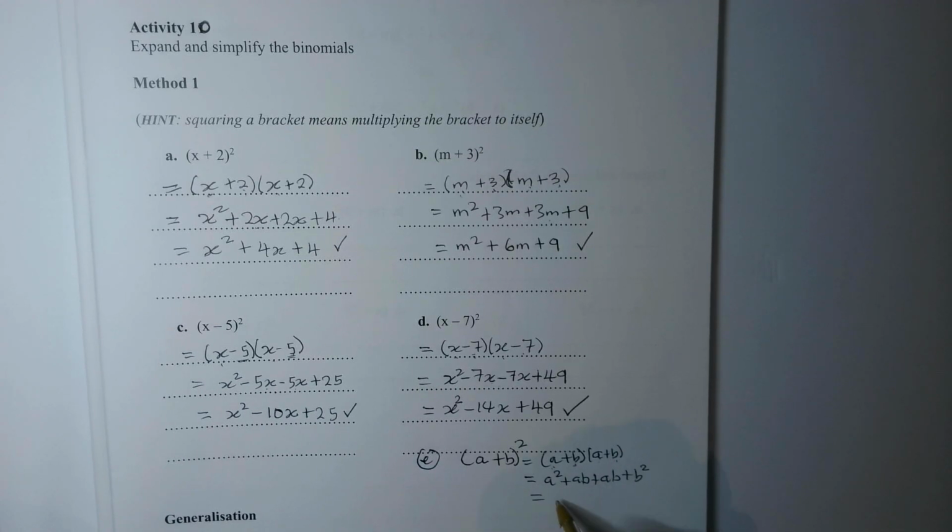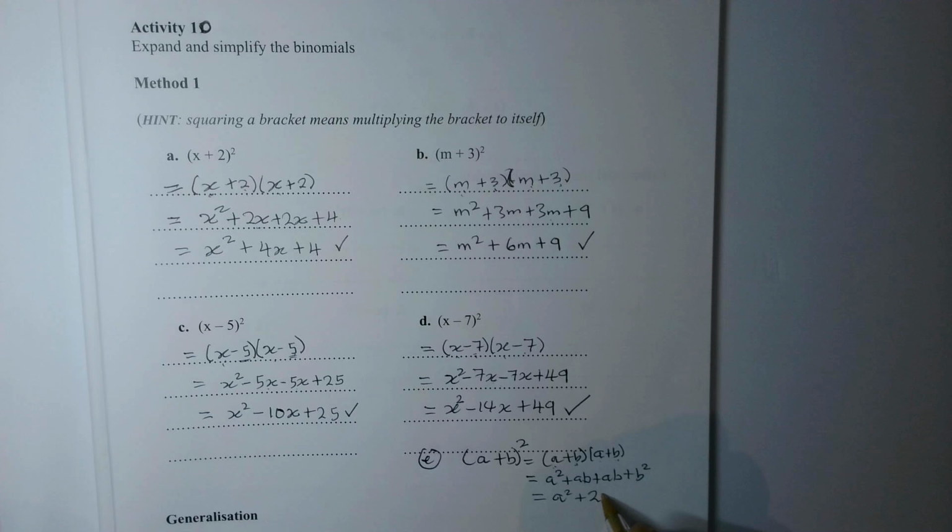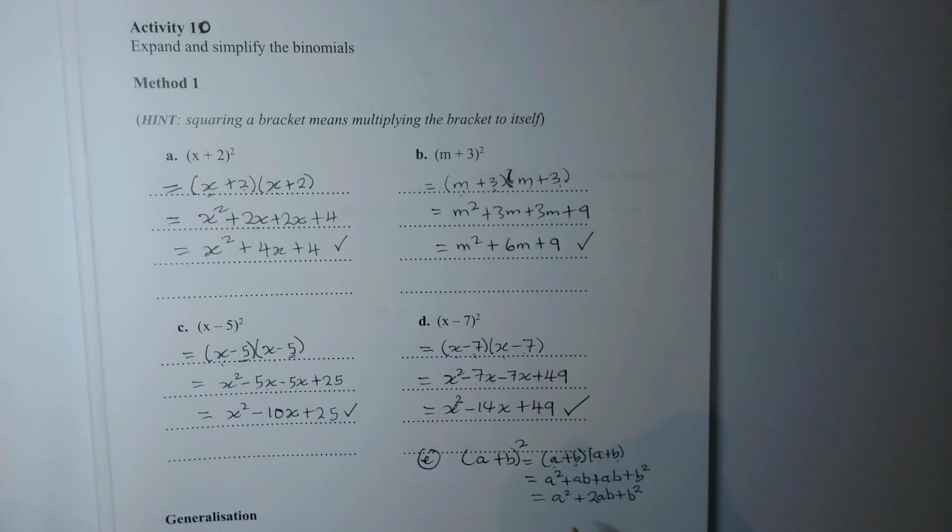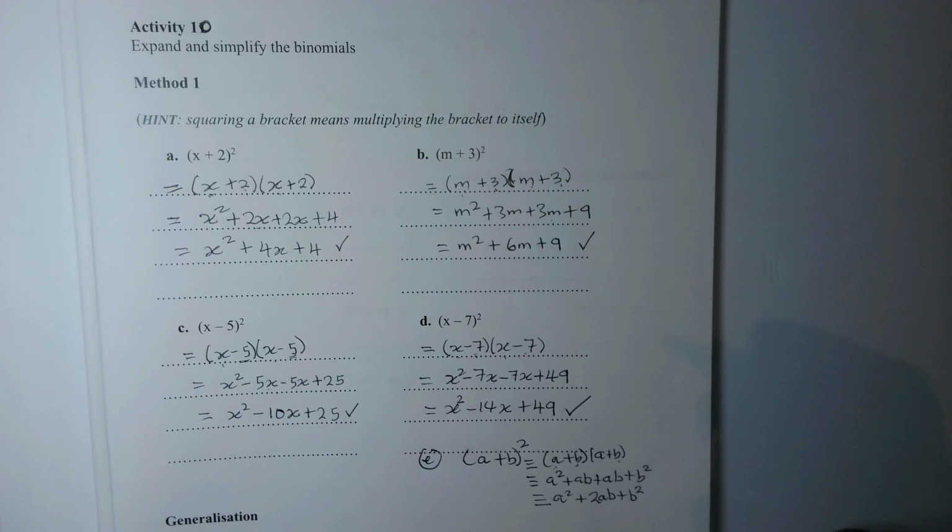So this can then simplify as A squared add 2 lots AB plus B squared. This is simply the identity for (A + B) all squared. Identity, I use 3 lines, which makes it a bit different from equals.